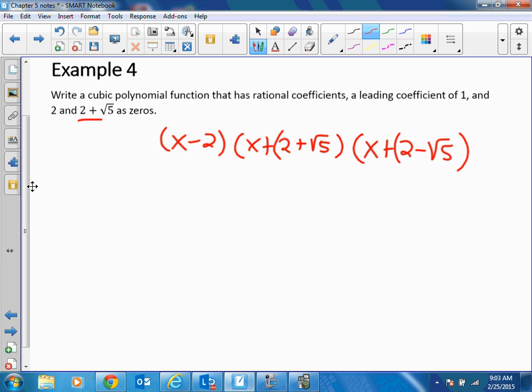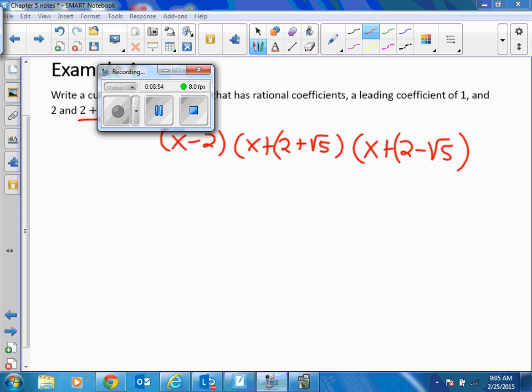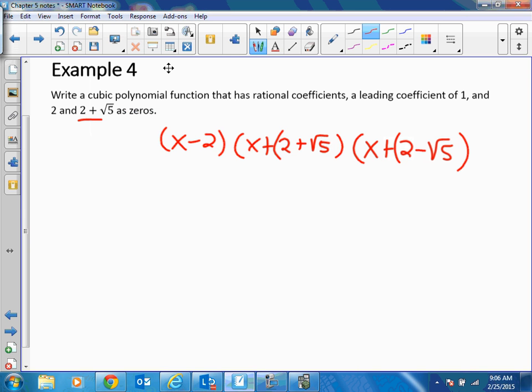So then from there, what we have to do is, all right, check that, I made a mistake. That would be x minus, because we always do minus if it's positive. So x minus 2 plus radical 5. And then we'd have to do x minus 2, and you've got to do the conjugate, which would be minus square root of 5.